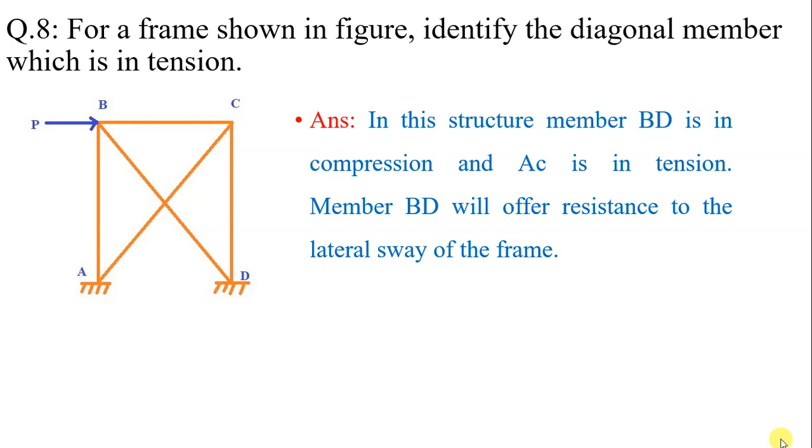Question number 8. For a frame shown in figure, identify the diagonal members which are in tension. Now in this figure, because of this horizontal load, this frame will try to sway like this.